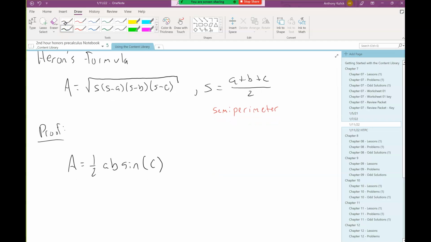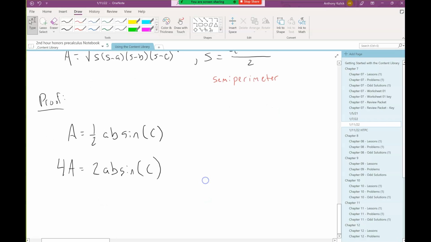So I'm going to start by multiplying both sides by 4. Okay with that? And then I'm going to square both sides.